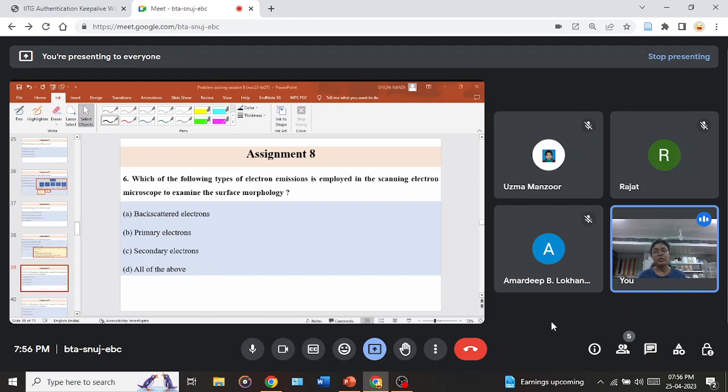What kind of electron emissions is employed in SEM, scanning electron microscopy? Okay, again A, backscattered electrons. Okay, we'll see what's the correct answer. I'll give you 1-2 minutes to rethink about it and then give me the answer.